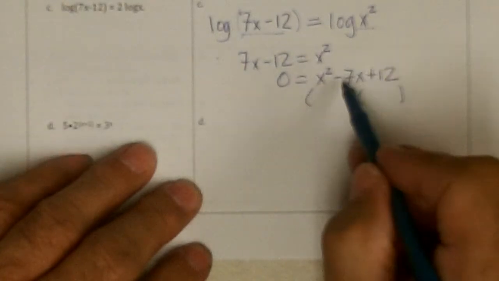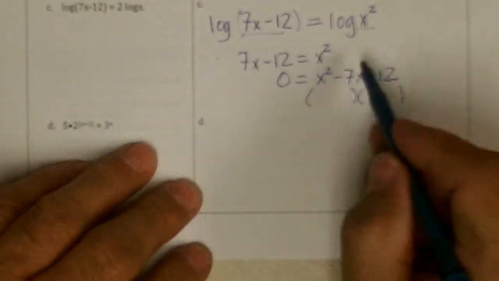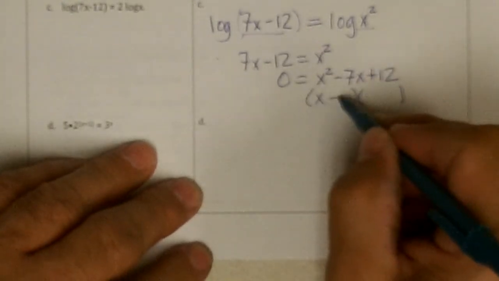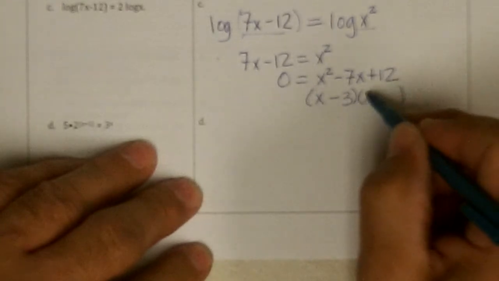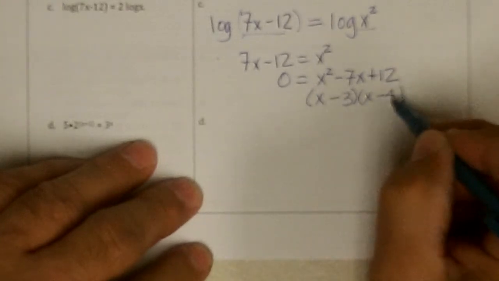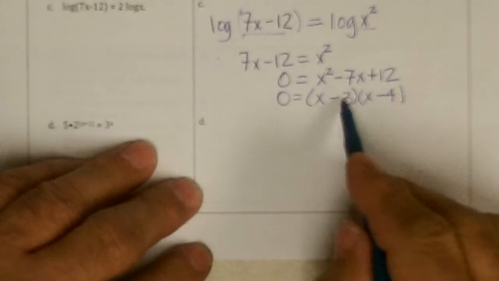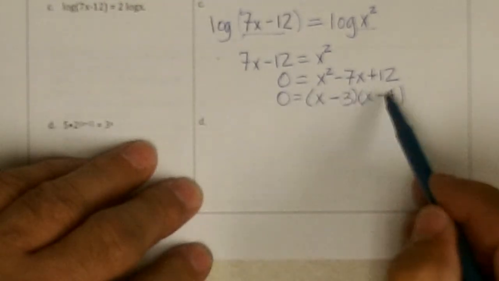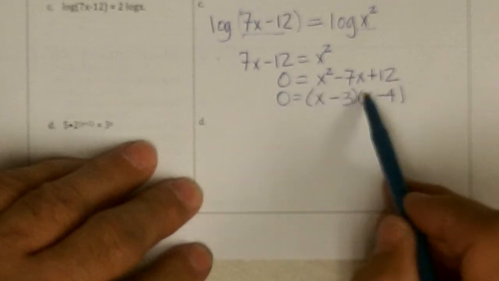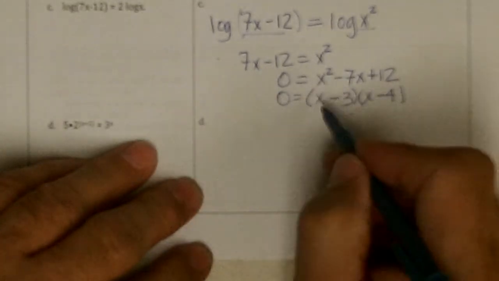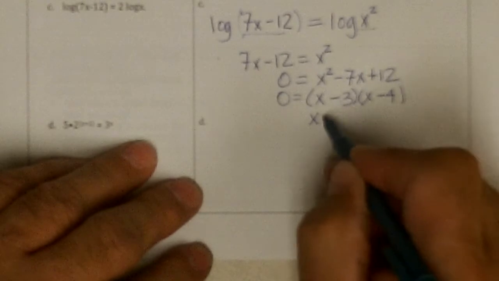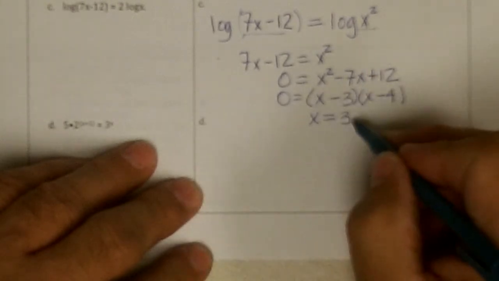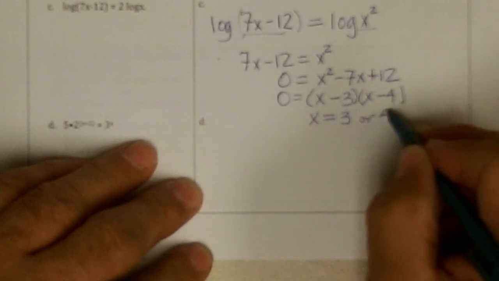And let's see, to come up with negative there, and I have to add, so I'm going to guess that if I do x minus 3 and x minus 4, I'll get negative 3x and negative 4x, it's just negative 7x. And a negative 3 times a negative 4 is 12, and an x times an x is x squared. That works. If I set those equal to 0 each, I get x equals 3 or 4.